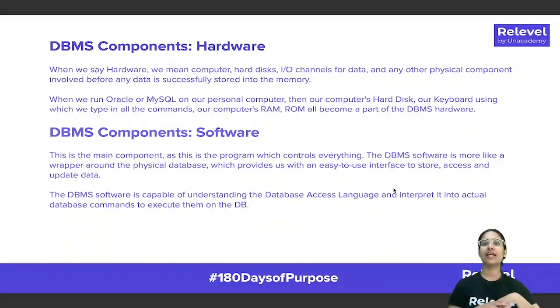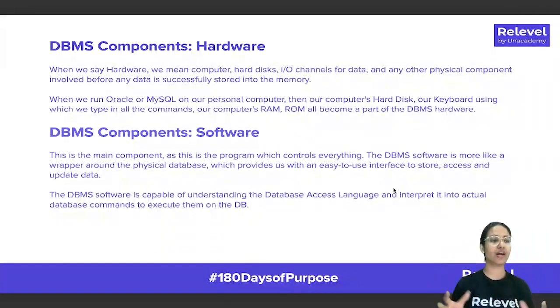Now you could have used the hardware directly also, right? Magnetic tapes, drives, DVDs to basically store your information. That is nothing but a physical database, right? But it's very difficult to access the information using that physical database, right? It's very difficult to store, remove, update the data. So what you did was you wrote a wrapper around it, okay?